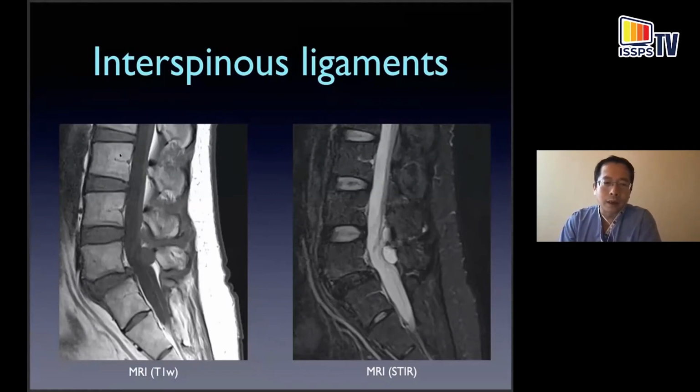So looking at the T1 weighted images on this side, we have an appreciation of the epidural fat slightly higher up at L2, L3, and L3, L4 levels. This is about 5 to 6 millimeters of depth, epidural fat depth in the midline. But once you come down to L4, L5, there's almost no epidural space left. And this is a big cyst sitting and encroaching on that space itself.